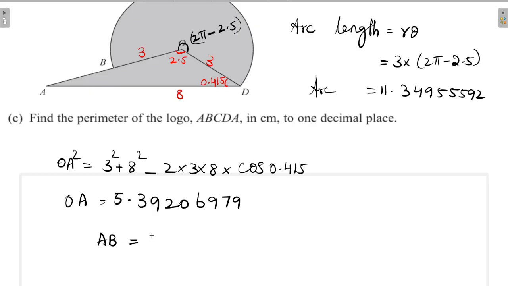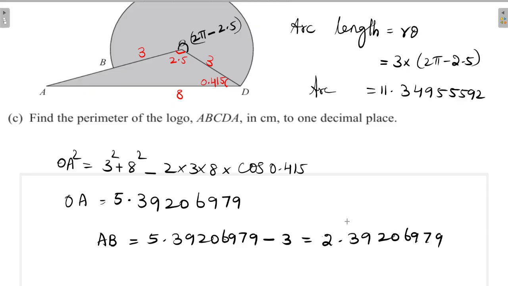Let's find the value of AB, because AB is part of the perimeter of the logo. So AB is equal to 5.39206979 minus 3, which is 2.39206979. Now we can add all the required sides.